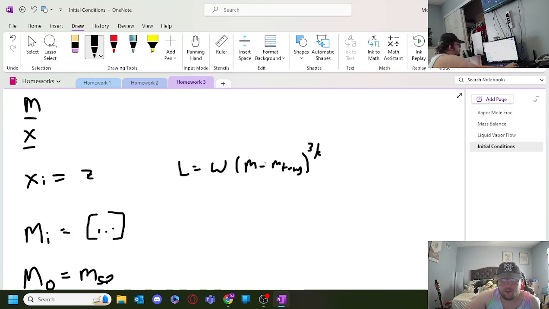If we rearrange that to solve for M, we get M equals L over weir, to the 2/3, plus the tray holdup.